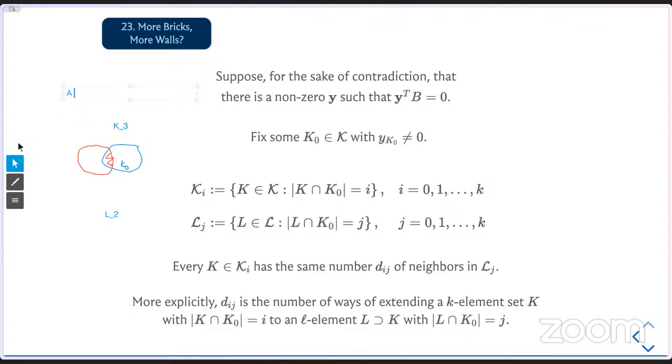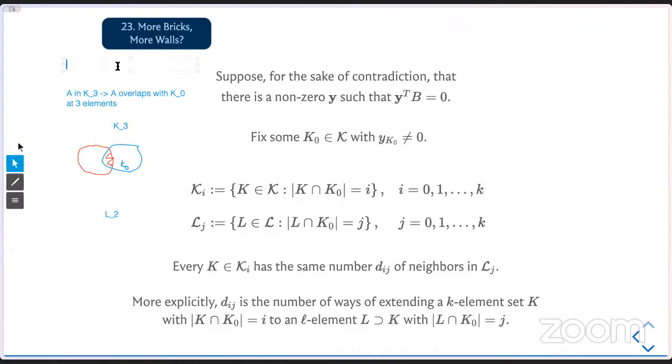So I'm a set A in K3, which means that A overlaps with K0 at 3 elements. Now I want to know, is there a B in L2 such that, okay, hopefully this setting is clear.